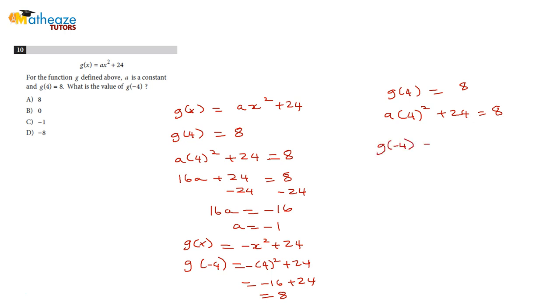G of negative 4 is going to be equal to a of negative 4 squared plus 24. So in this case, we have 16a plus 24 equal to 8. So now here we have 16a plus 24. Just from what we saw here, this is also going to be equal to 8.